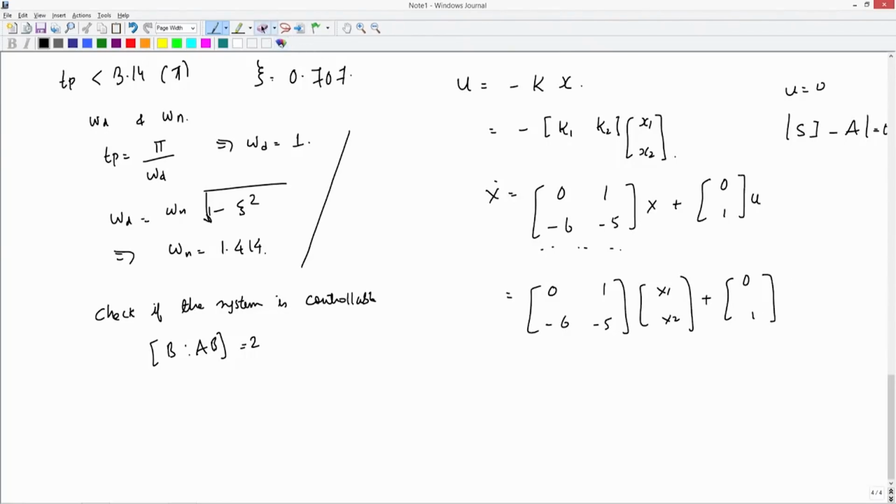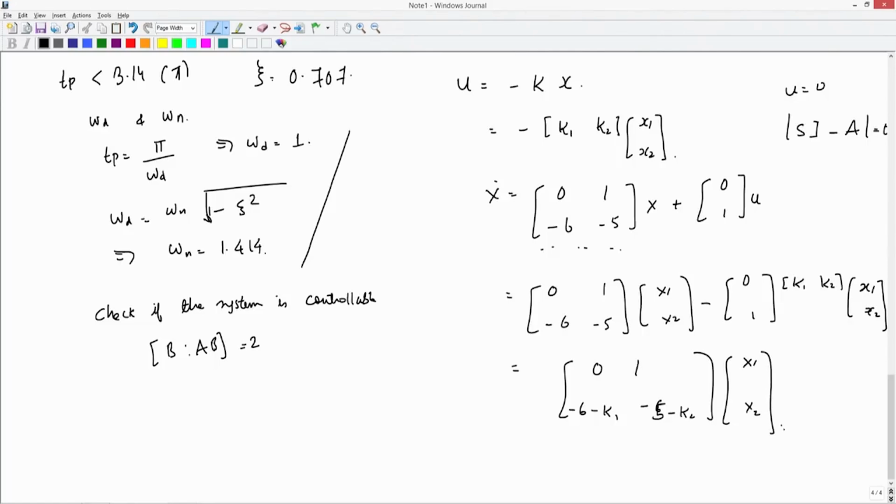So, this thing here will be minus k1, k2 times x1 and x2, which will look something like this: [0, 1; -6 minus k1, -5 minus k2] times x1, x2.